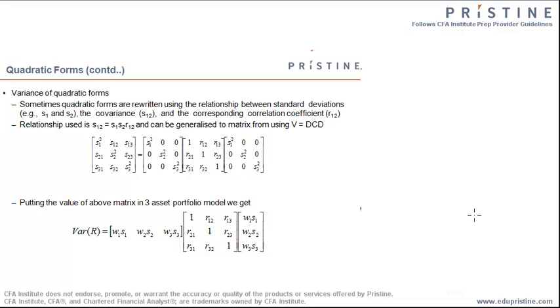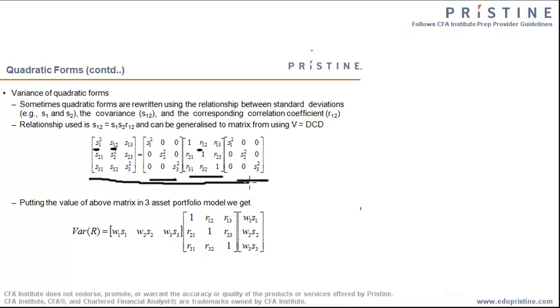We can express this matrix of the variance and the covariance terms in this particular form, where R denotes the correlation coefficients.